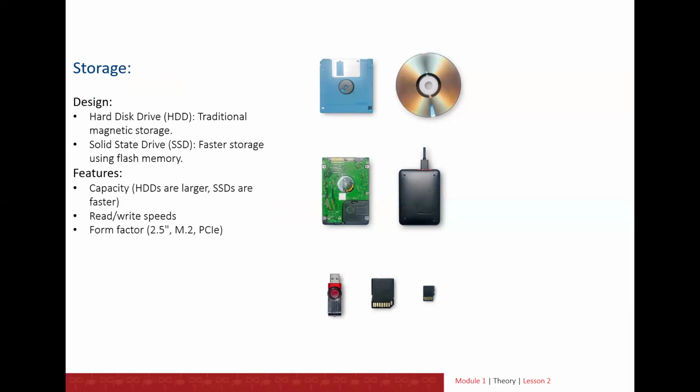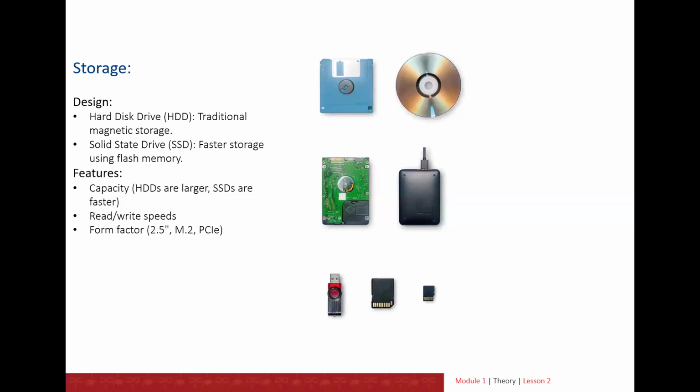Storage devices, we have seen them since our childhood. Even if you don't have a computer, you have seen a very tiny flash drive, a USB disk. There are several types of storage devices, unlike RAM.